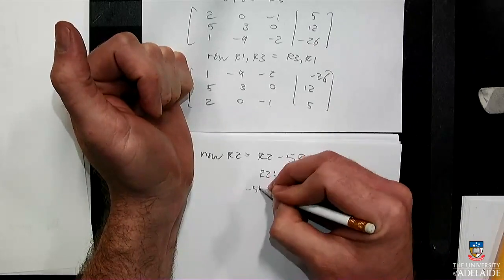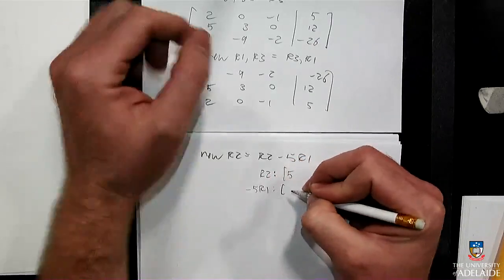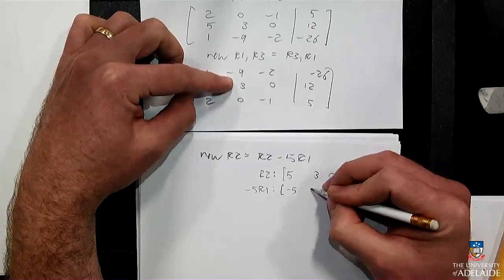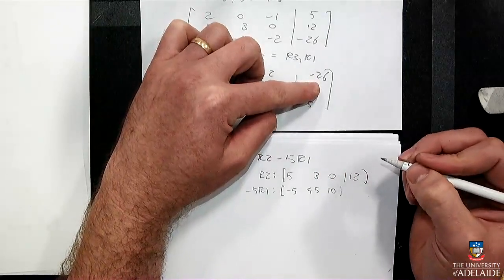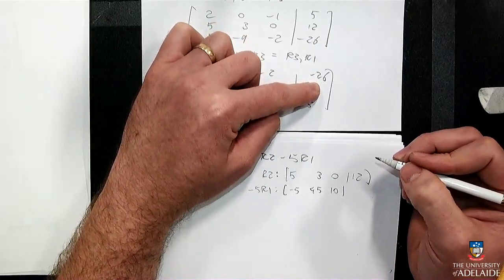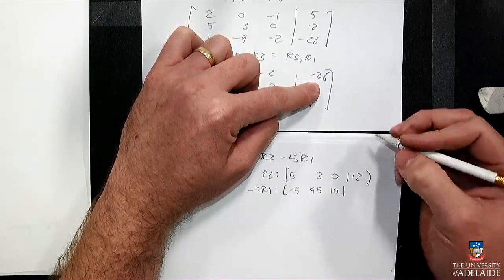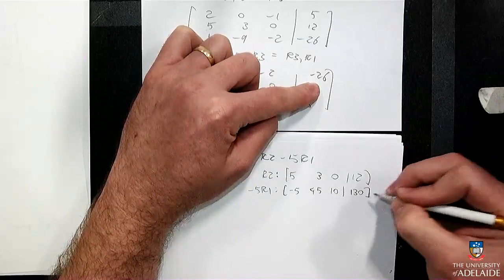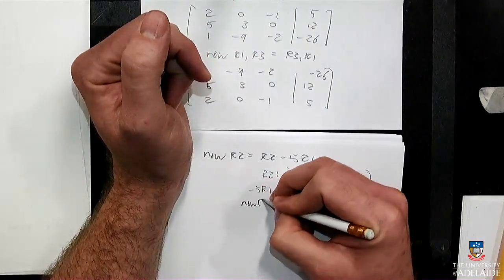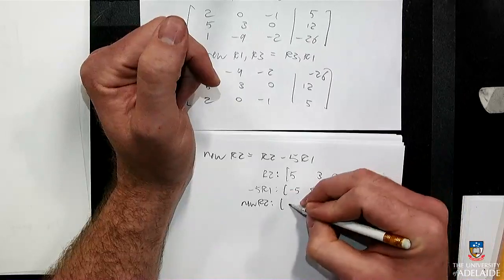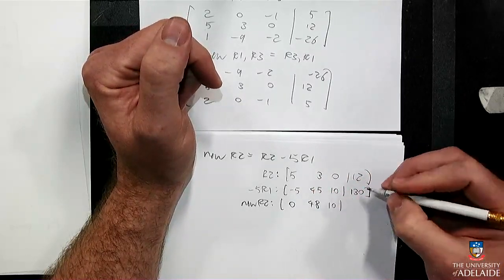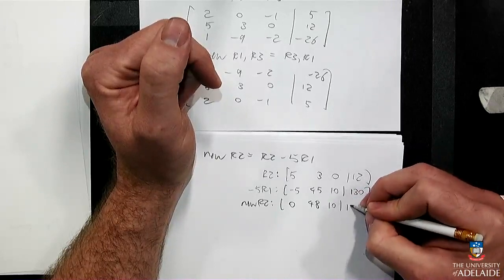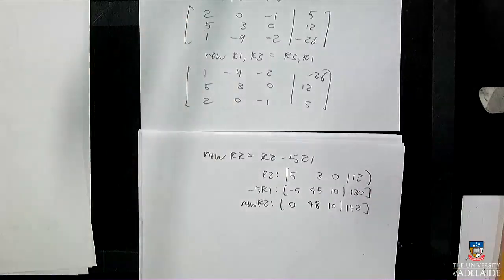This is minus 5 of row 1, so minus 5, 45, 10, and 5 times 26, well 5 times 25 would be 125, so 130. And so my new row 2 is actually 0, 48, 10, and 142. Wow, that is big.